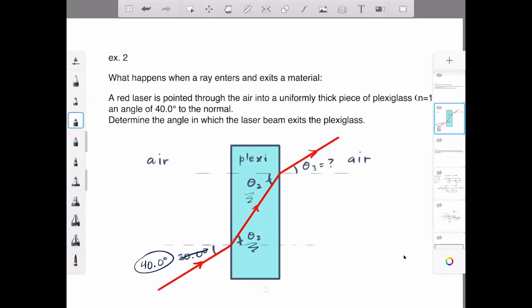The two triangles that form as a result of that are, of course, congruent to each other. We know that from geometry. Now, we can reasonably suspect that this angle and this angle will end up being the same. Let's go ahead and prove that.